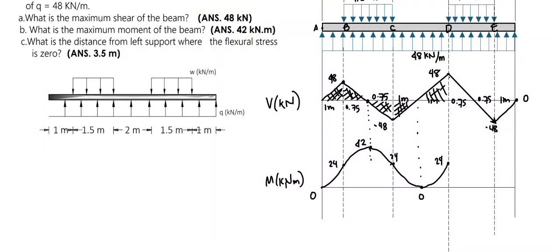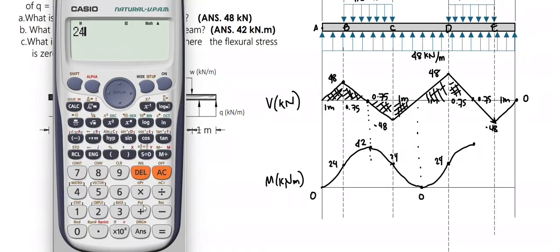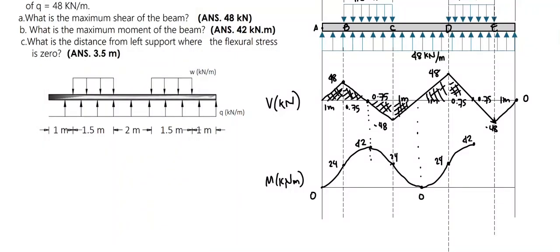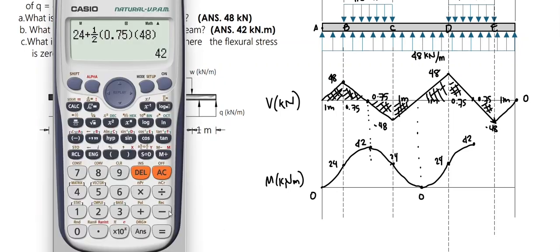And from this point, D, to this point of zero shear, it increases back to 24 plus the area of the triangle, 1/2 times the base of 0.75 times the height of 48. That is equal to 42. And it decreases back because this area here is negative: 42 minus the area of the triangle, that is 1/2 times the base of 0.75 times the height of 48.